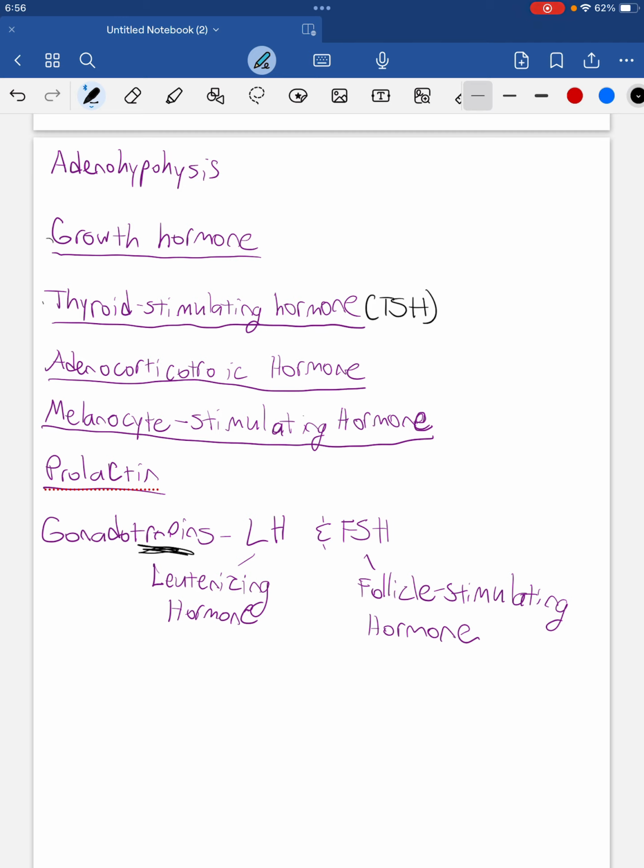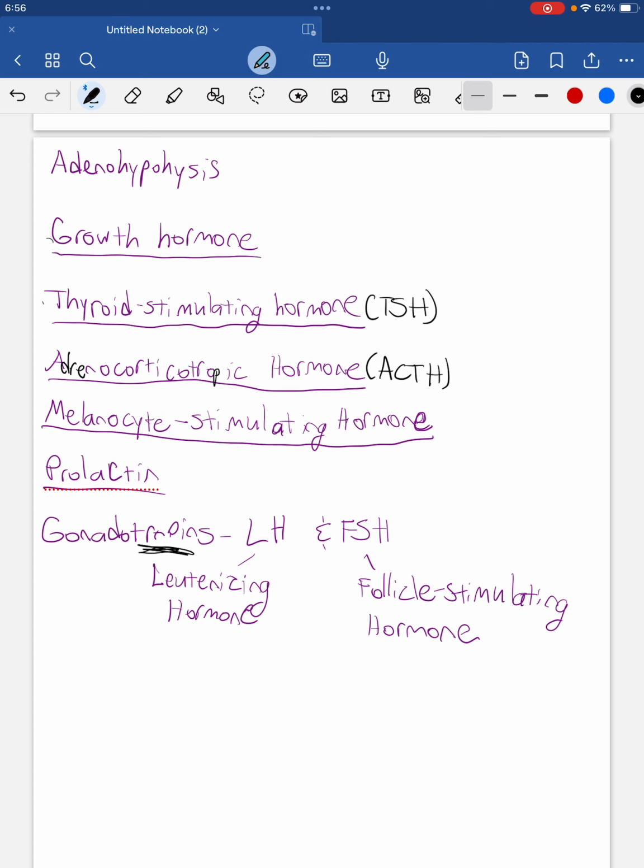Next, I spelled this wrong. Adrenocorticotropic hormone, or ACTH. This hormone stimulates secretion of glucocorticoids, like cortisol, by the adrenal cortex.